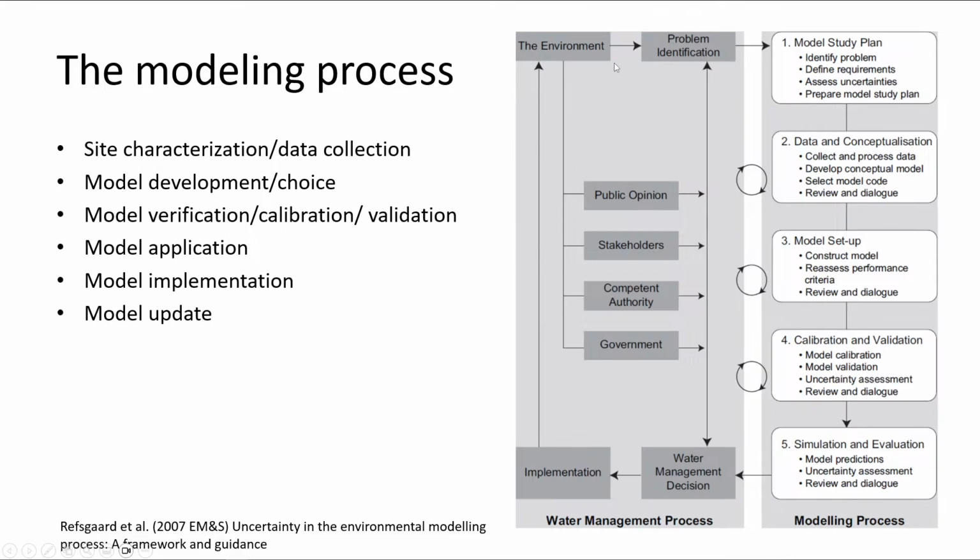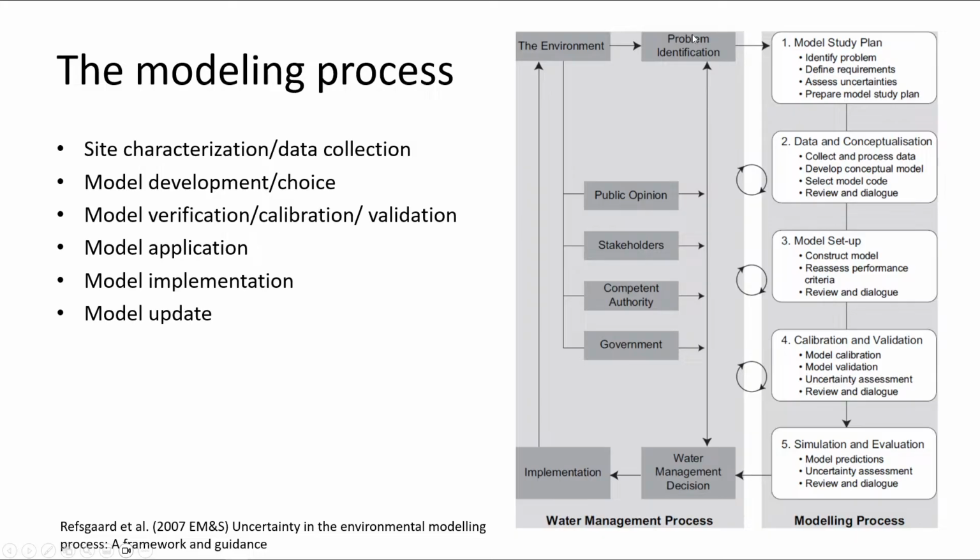So this is the modeling process, and after the modeling process comes a management process. They will take a management decision, and implement this decision into the environment. After you do this, you will be able to identify a problem.